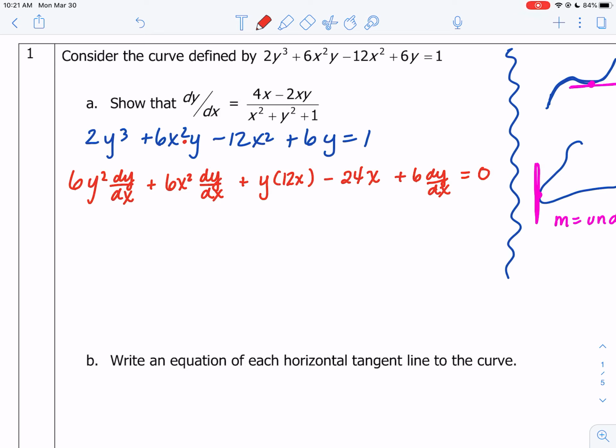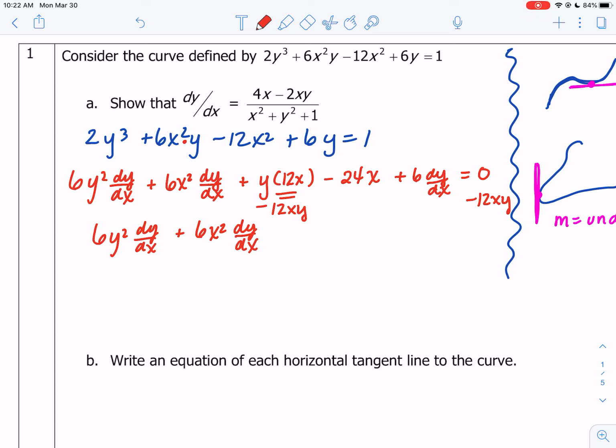the other side. So here we have 6y squared dy/dx plus 6x squared dy/dx. Notice this term here does not have a dy/dx, so we're going to move it to the other side by subtracting 12xy and subtracting 12xy.